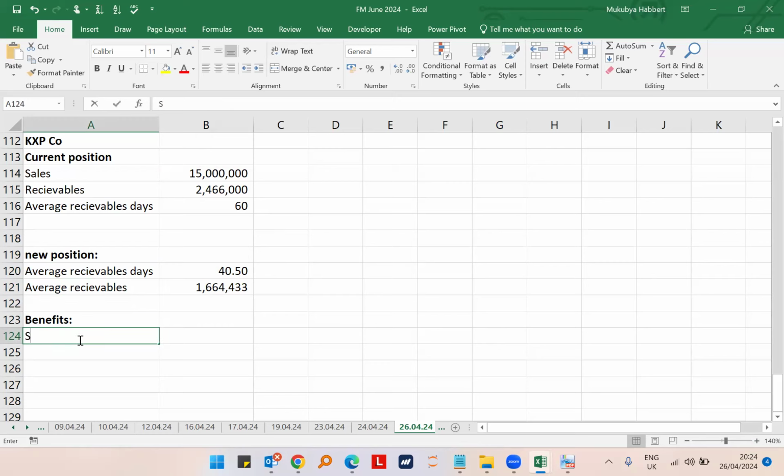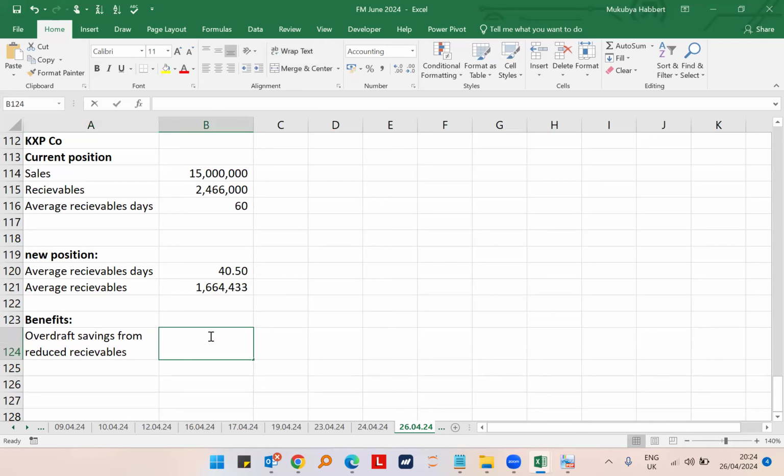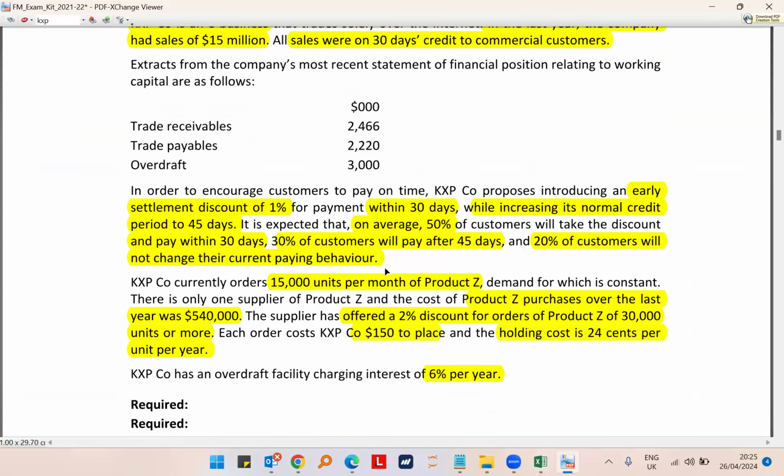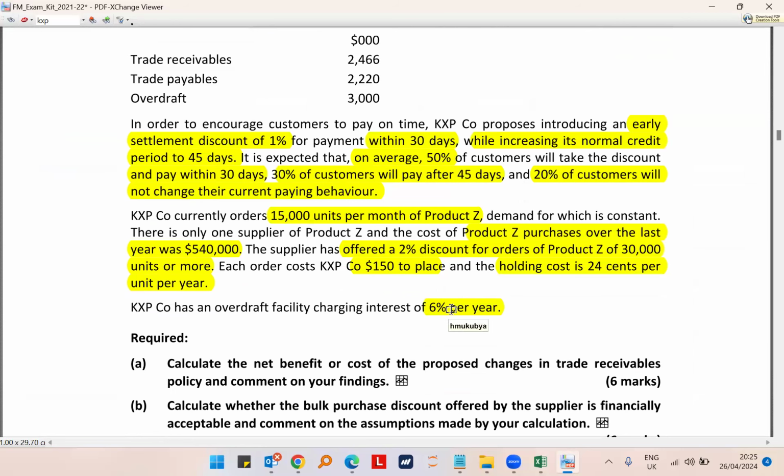One of the benefits will be savings: overdraft savings from reduced receivables. You reduce receivables by that much, and then you save the interest on your overdraft, at 6%.